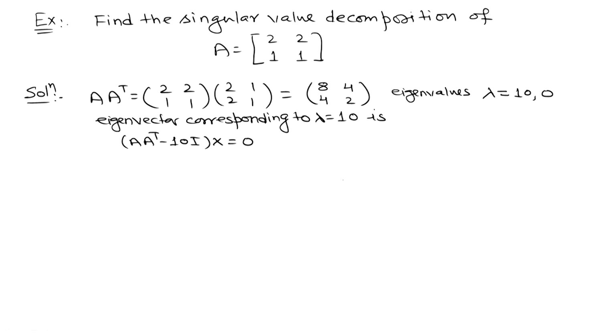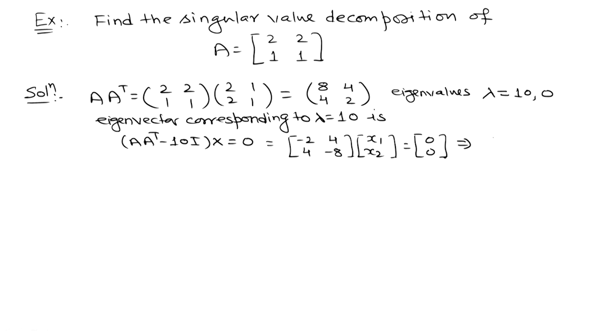So, it will be minus 2, 4, 4, minus 8 times x1, x2 equals 0, 0.